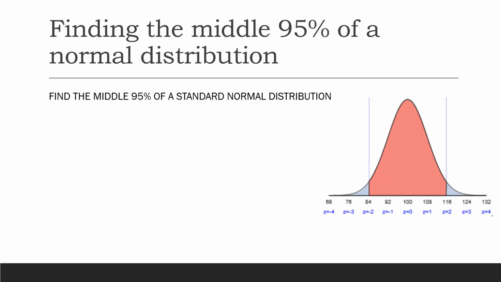Now, if I want to find the middle 95% of a normal distribution, I can start by finding the middle 95% of a standard normal distribution using the quantile function to find the 2.5 and 97.5 quantiles of the standard normal with mean 0, standard deviation 1. I can see that in a standard normal, the middle 95% of the distribution is between negative 1.96 approximately and positive 1.96.